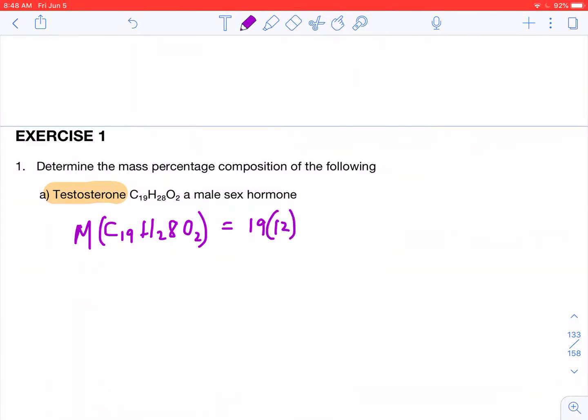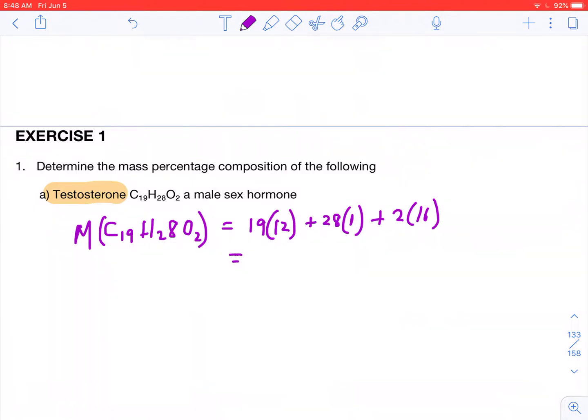You should know that by now. And you should know that hydrogen is 1, and we have oxygen, which is 16, right?